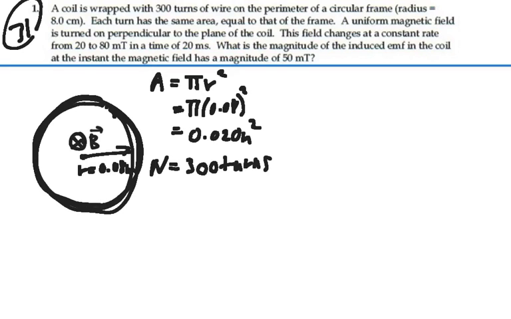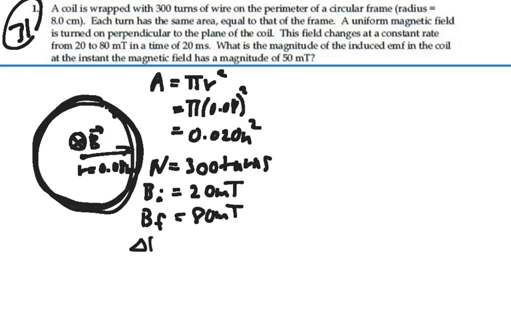And we turn it on, and our initial magnetic field is 20 millitesla, and our final magnetic field is 80 millitesla. So our change in magnetic field is our final minus our initial, which would be 60 millitesla.